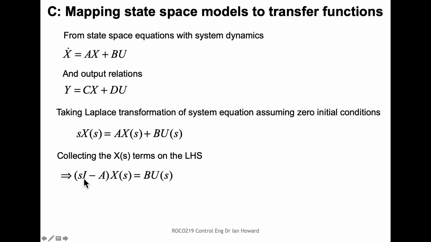This is an element-wise multiplication of all the elements, so we can't just leave that on its own. It's got to be sI in order to get the dimensionality correct, so we can take A away from it. Then we factor out the x. So we've got (sI minus A) X(s) equals B U(s).